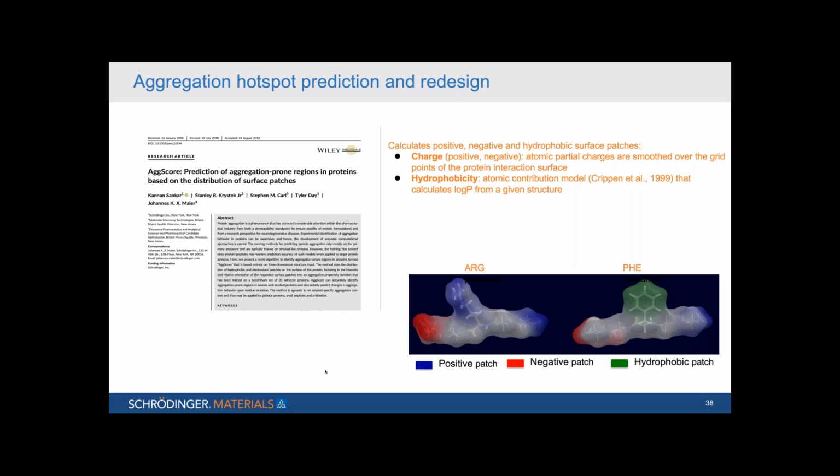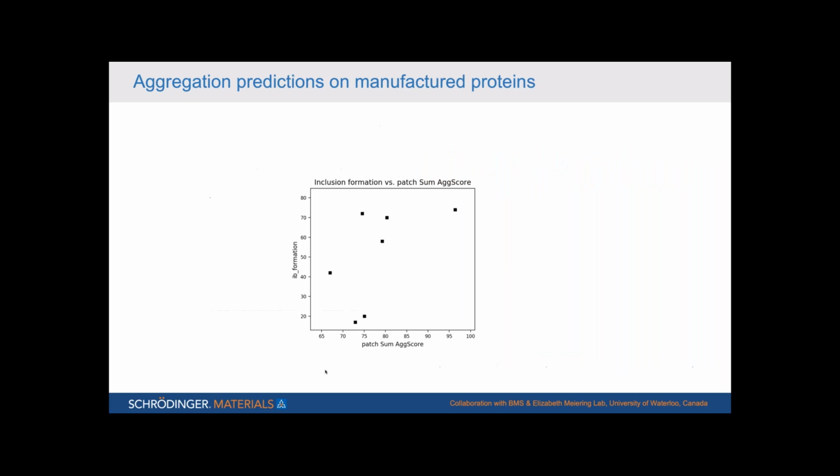And so there are ways of calculating aggregation scores, or aggregation from regions on a protein, that will tell you what's the contribution based upon the atoms, the individual residues, and how much is that a propensity to aggregate. And this is based on, again, internal work, focusing on building a tool that allows you to very quickly predict this.